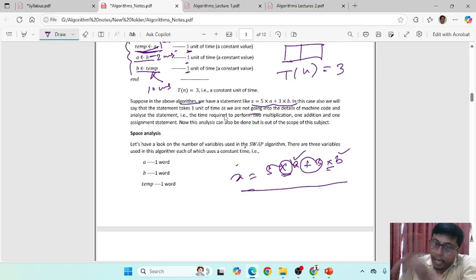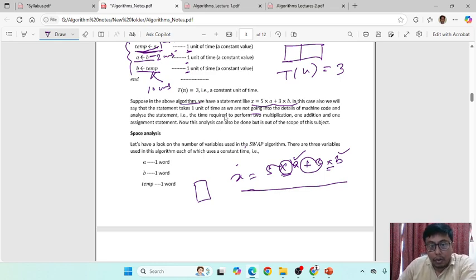Now again, consider 10 students executing this particular algorithmic step in their coding, and suppose they are using 10 PCs which have the same configuration.